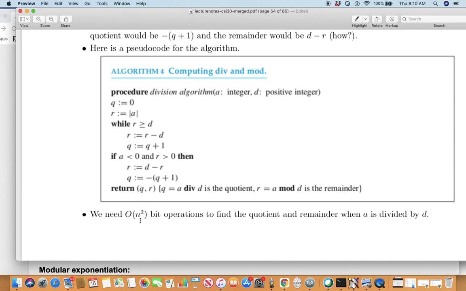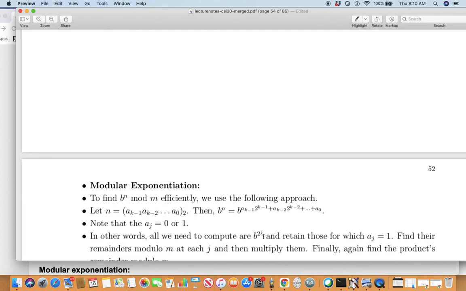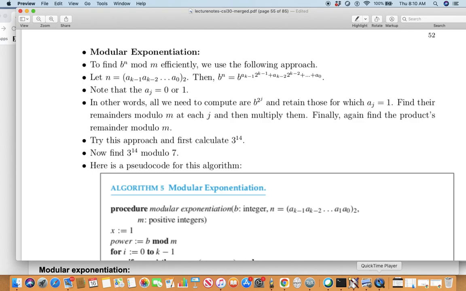N is the length of your binary digit description. You can think about it because you are subtracting, so you'll have to argue this. It's order of n squared operations. Maybe more detail will be needed, but you can argue it out. All right, let's continue in our next video.